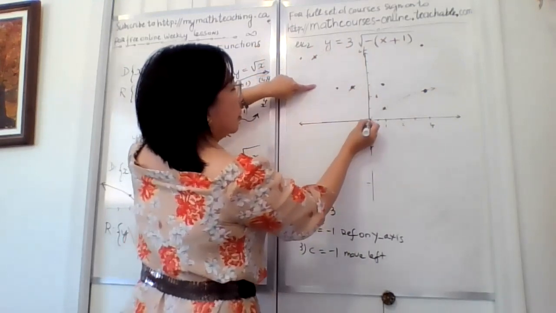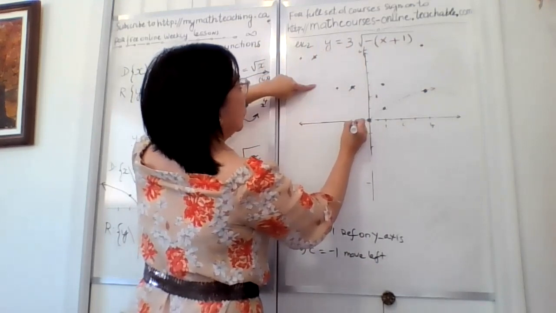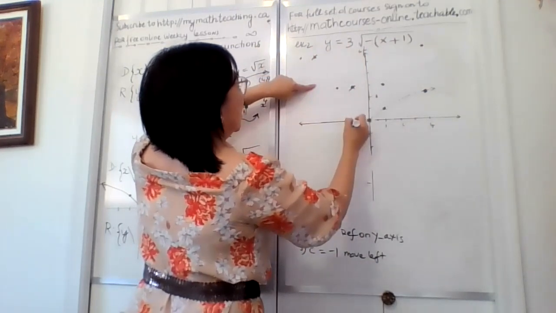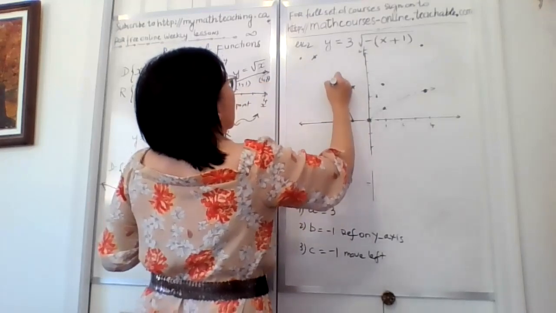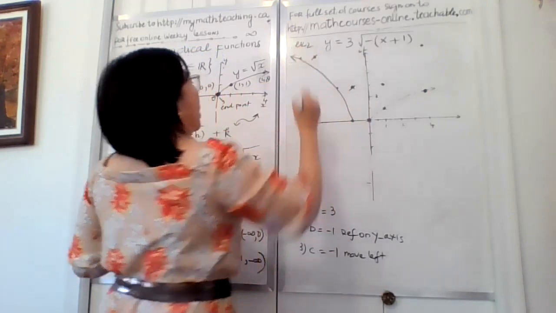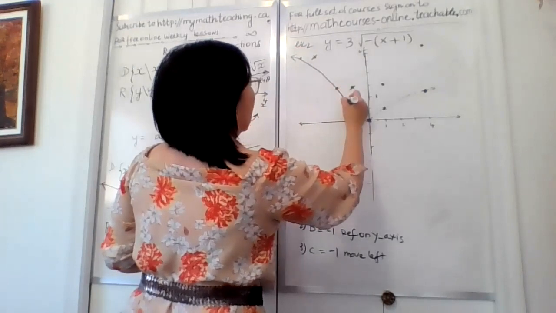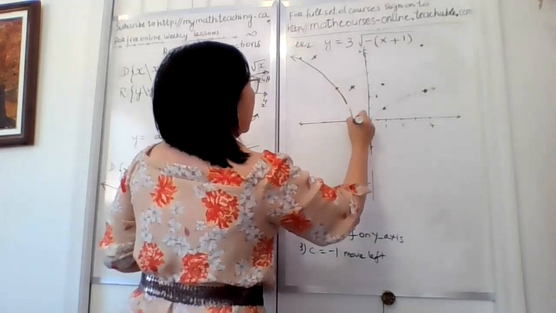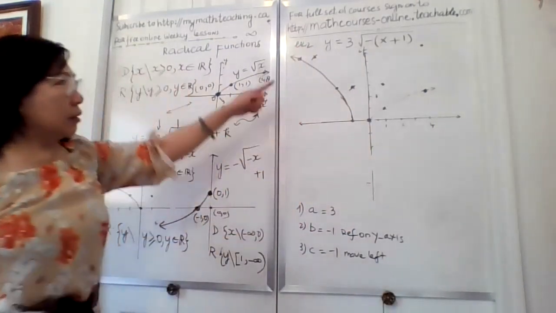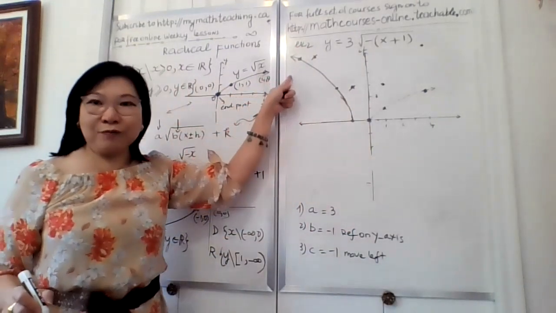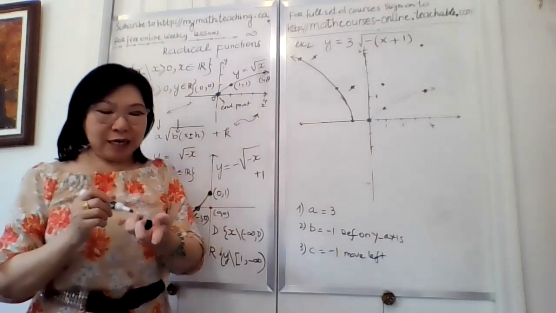And point 0 will be shifted 1 unit as well, so it will be here. Now, this is the final shape of our radical function. This is not bad, right? You see that it's easy to sketch the transformation of a radical function based on the base points, and I showed you.